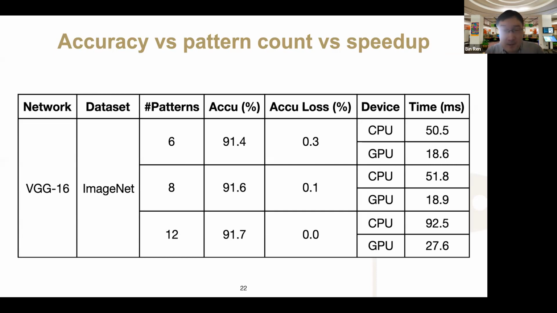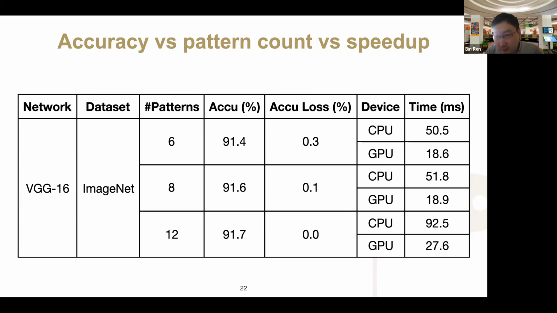However, we are going to sacrifice some accuracy because we have fewer patterns, so we don't have full pruning flexibility. However, if we have more patterns, for example, 12 patterns, we double the pattern count, then we can have a good accuracy.